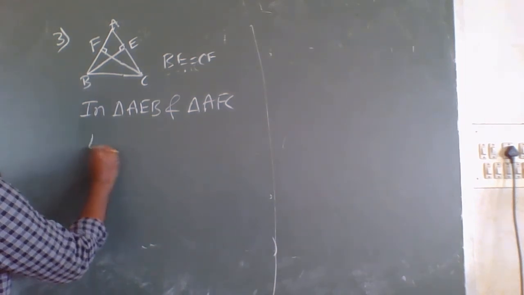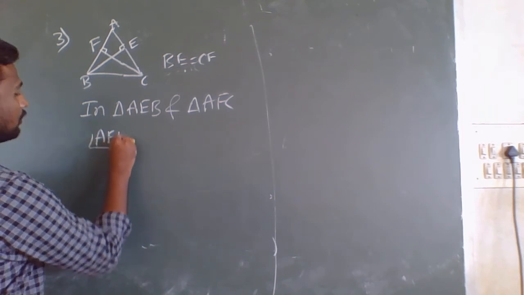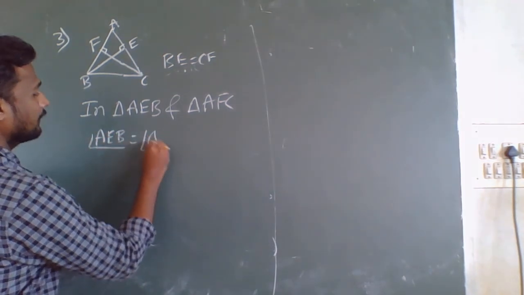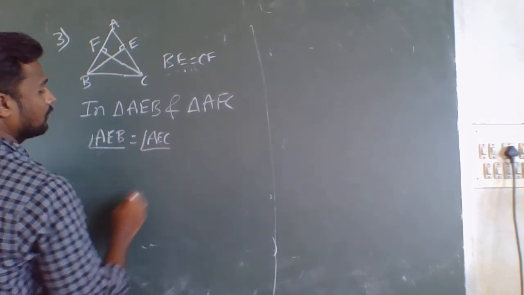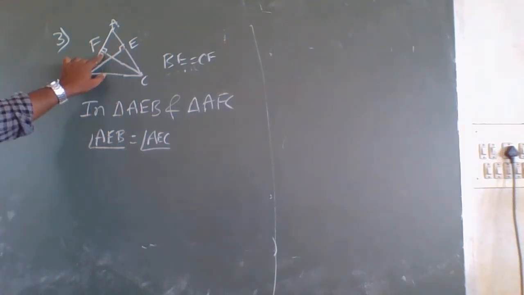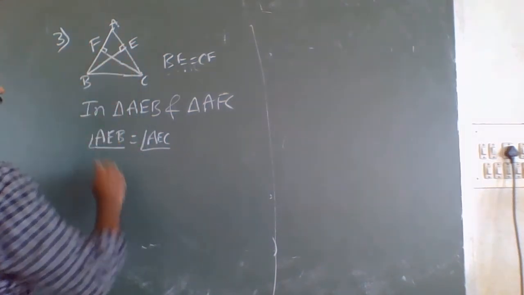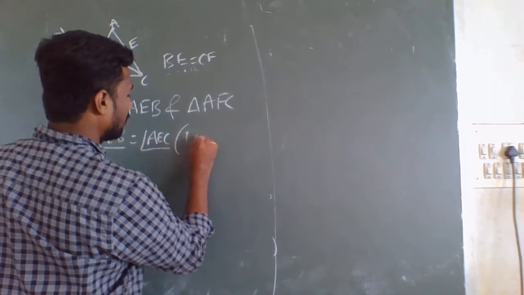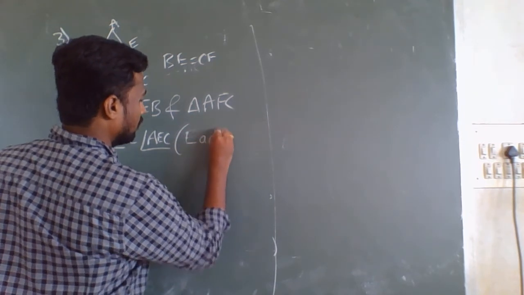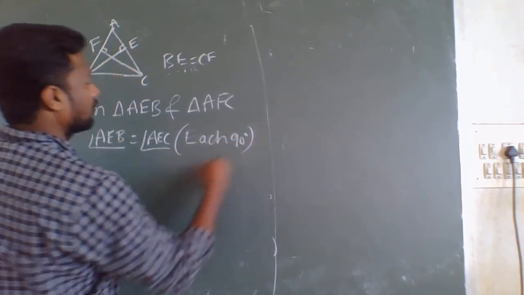So here I will write angle AEB is equal to angle AFC, because these two angles are 90 degrees, given in the problem as perpendiculars. Therefore, each angle is 90 degrees.